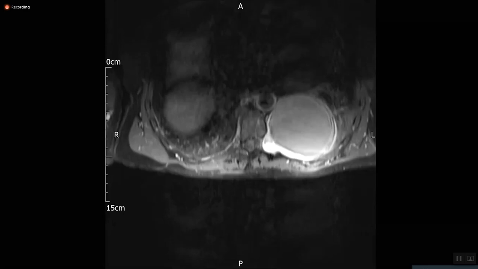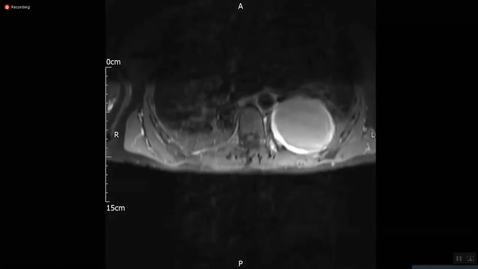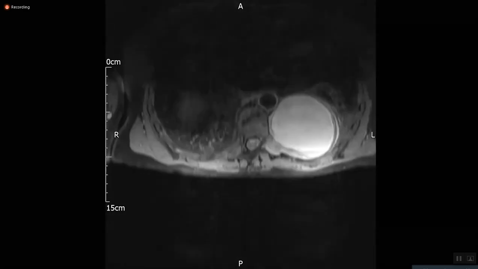I think the lesion looks aggressive, and I would consider diagnoses such as malignancy, potentially metastatic from a primary that causes high T1 signal, such as a melanoma or potentially a mucinous adenocarcinoma. Okay, thank you. I'll take over because of the time factor.